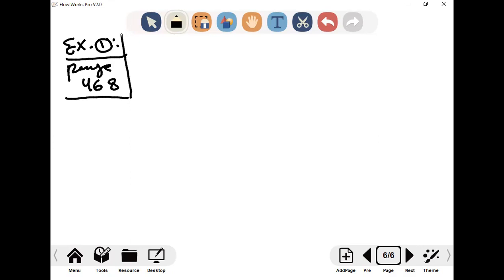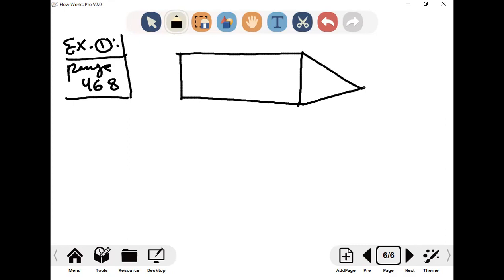In example 1, we have this figure here. They wrote for me that these are right angles. That means A1 is what? A1 is a rectangle. And A2 is what? A2 is the triangle.